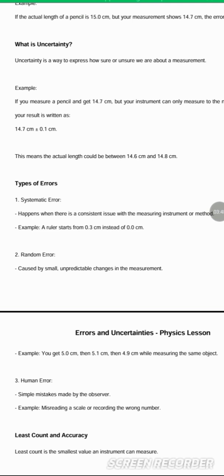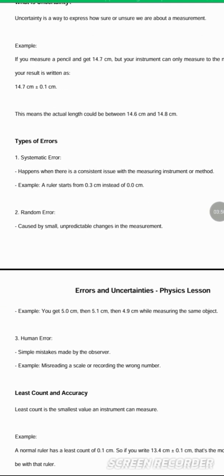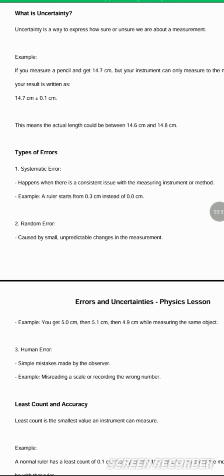Then the second one is the random error. Random errors happen because of tiny unpredictable things. Maybe your hand shook, maybe you looked at the scale from a weird angle, or maybe somebody moved your chair while you were performing the experiment or moved that table. Remember?